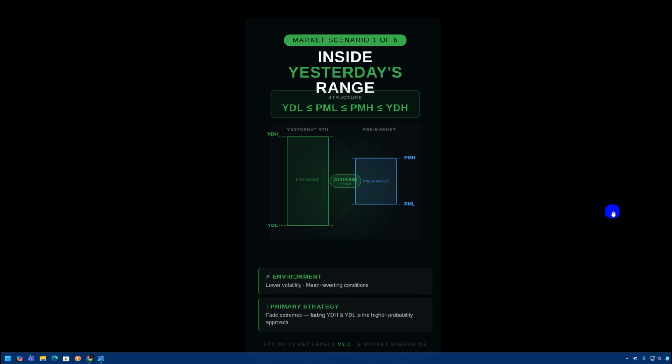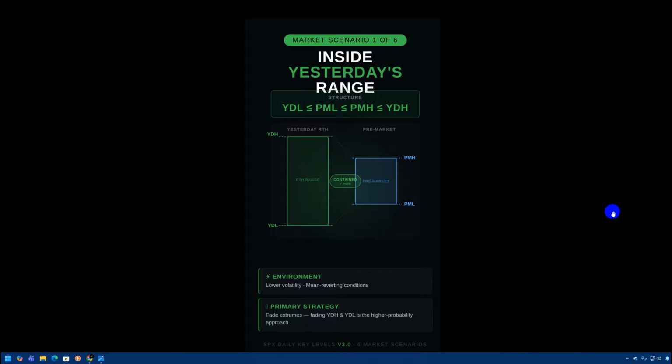Okay, and here's a graphical representation of market scenario 1, inside yesterday's range. It's typically a lower volatility, mean reverting environment, and typically price will oscillate either between PMH and PML for most of the session, or YDH and YDL for most of the session. However, it does have breakout potential if it breaks through in one direction or the other with volume confirmation.